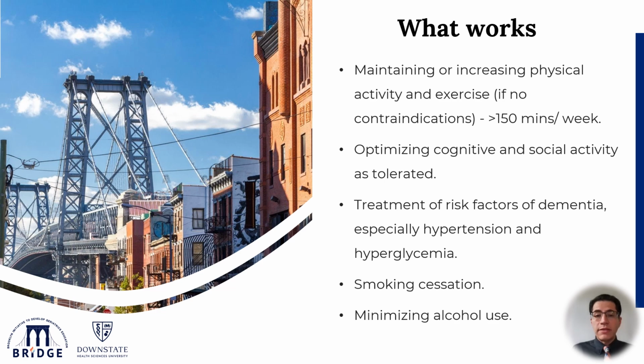These include maintaining physical exercise for at least 150 minutes per week, optimizing cognitive and social activity as much as tolerated, treatment of medical risk factors such as hypertension and hyperglycemia, smoking cessation, and minimizing alcohol use as much as possible.